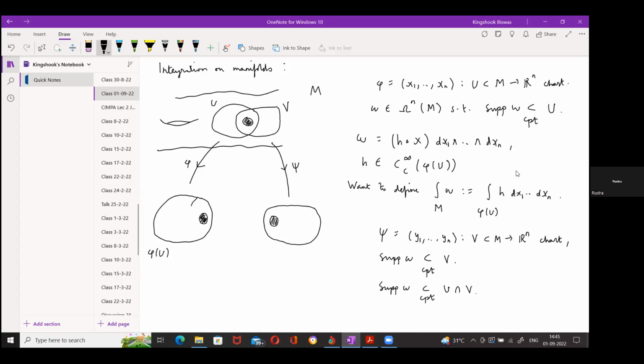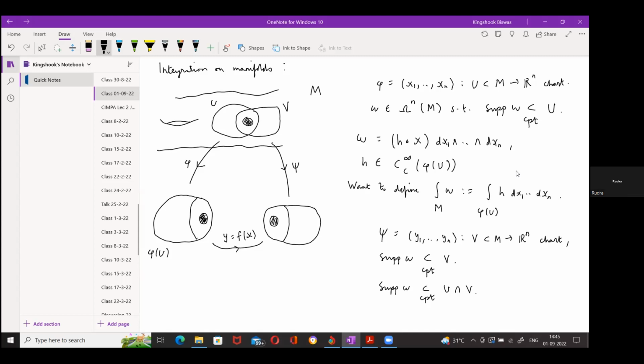So this would be the image of U intersect V under phi, and this would be the image of U intersect V under psi. Here we have the change of charts map. Let me call it F. So y becomes F of x.